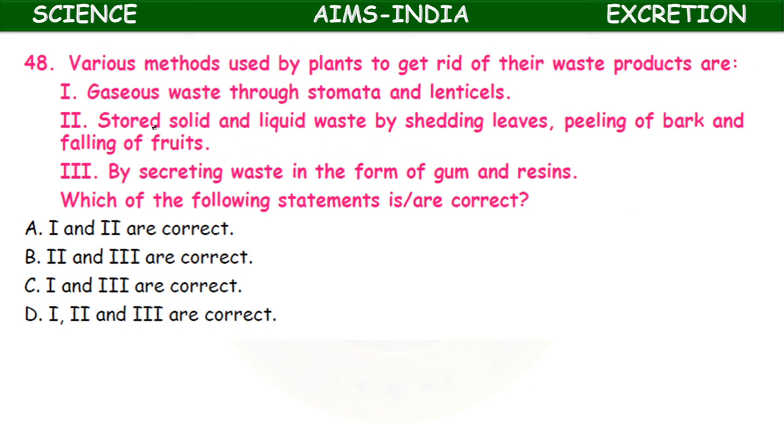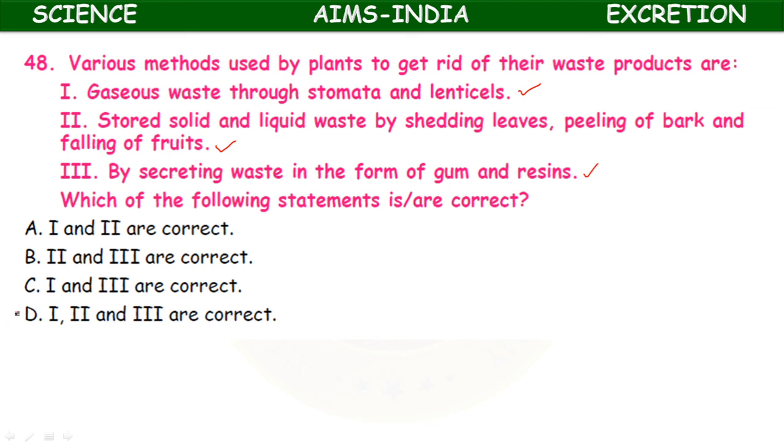So let us see. First one, gaseous waste through stomata and lenticels, 100% correct. Stored solid and liquid waste by shedding leaves, peeling of bark and falling of fruits, it's also correct. By secreting waste in the form of gum, resins, tannins is also correct.